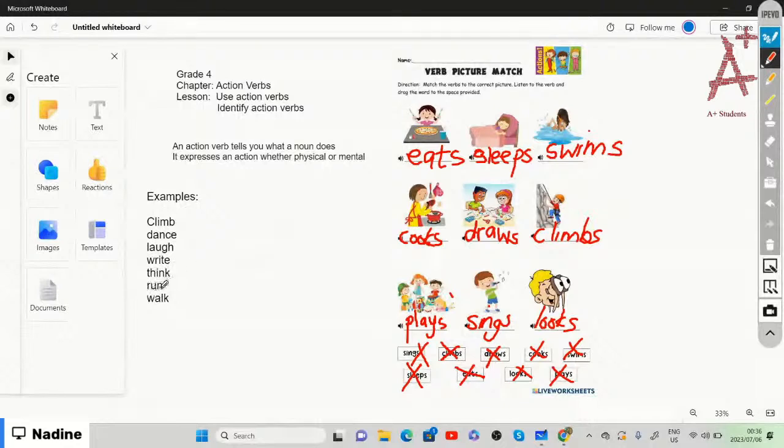I run in the race, and I walk to the shop. So these are examples, and there are a few more that you can think of that show action verbs. And remember, an action verb shows that it is physical or mental, and it tells us what the noun does.